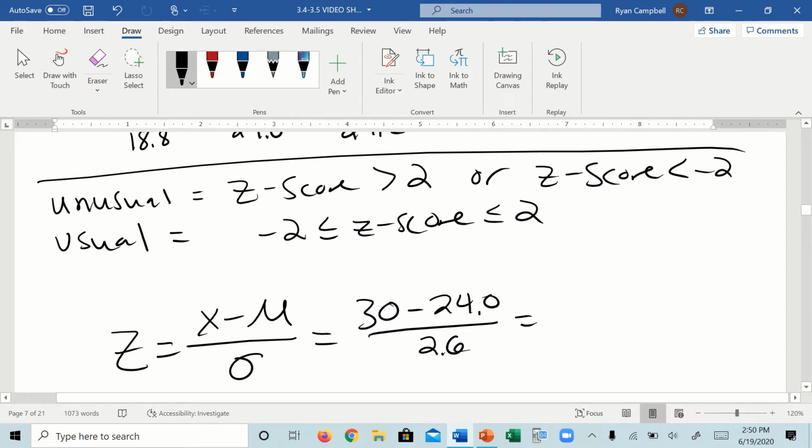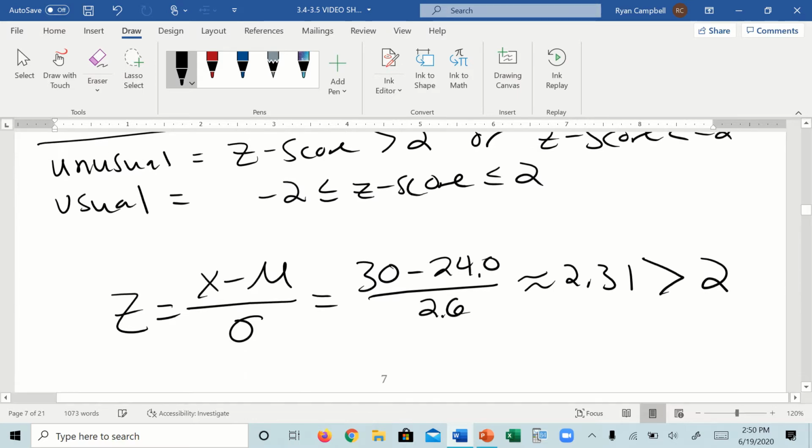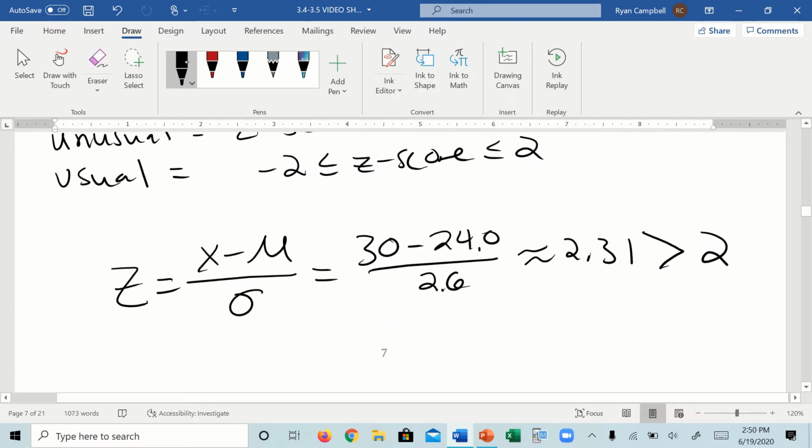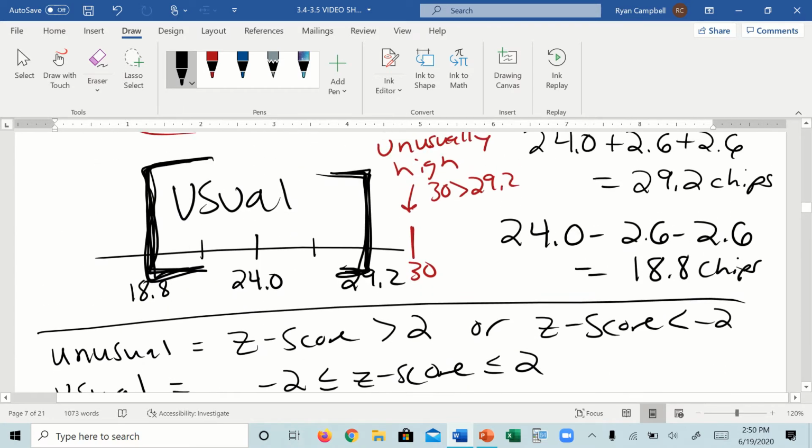So we do 30 minus 24 divided by 2.6, and we get about 2.31, which is definitely more than 2 standard deviations away, right? So since it's more than 2 standard deviations away, this is considered unusually high, right? Because it's higher than 2 standard deviations, which, if you notice, is the exact same answer that we got.